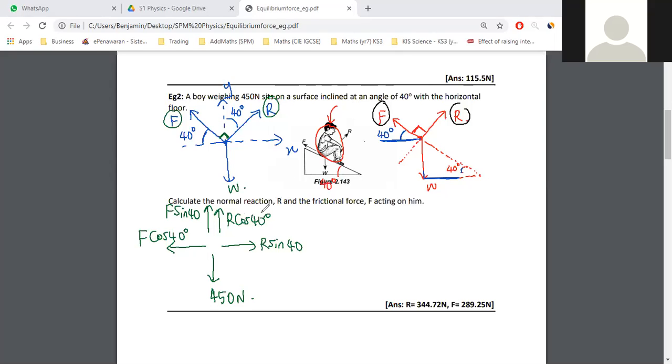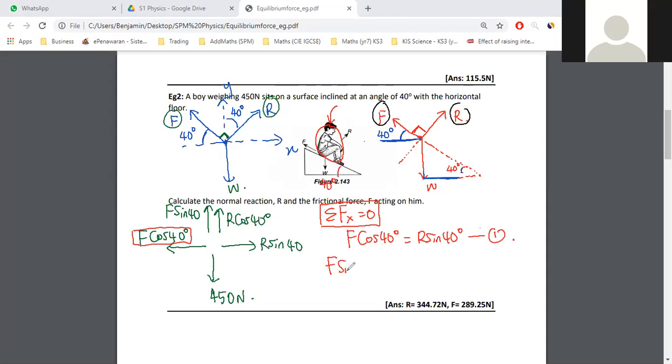So taking the sum of Fx equals 0. The sum of the forces equals 0, meaning that this must be balanced by this one. So F cos 40 must be balanced by this one. I write F cos 40 equals R sin 40. Equation 1.